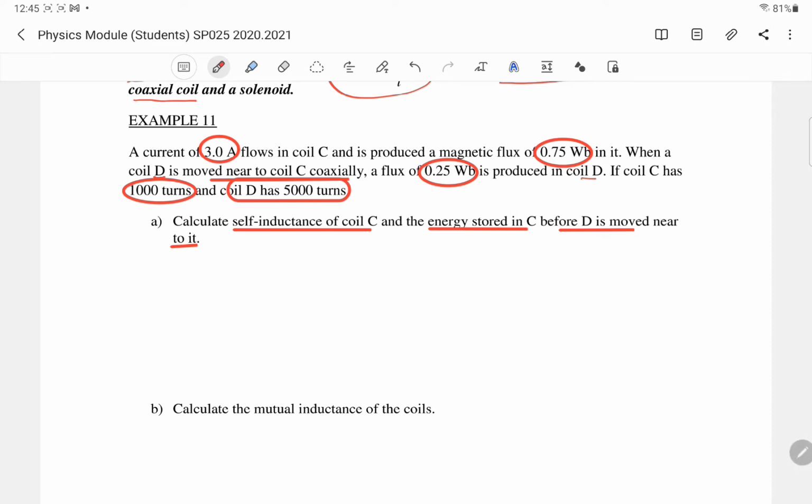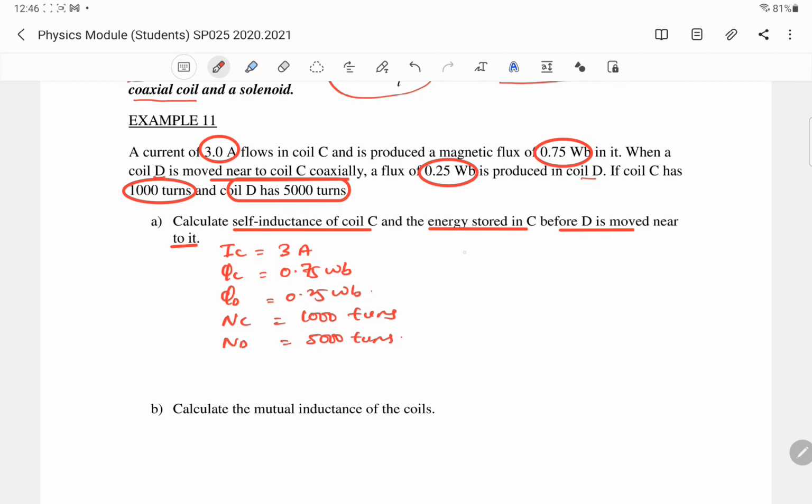So we have current IC 3 ampere, magnetic flux 0.75 Weber. When a coil is moved nearer to coil C, flux D is 0.25 Weber. If coil C has 1000 turns and D is 5000 turns, calculate the self-inductance.